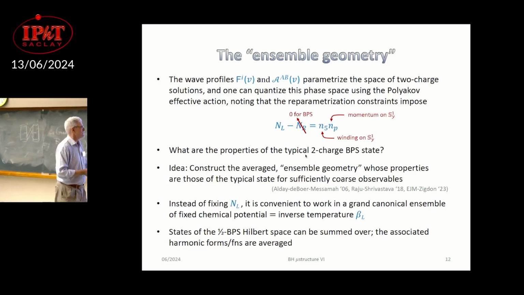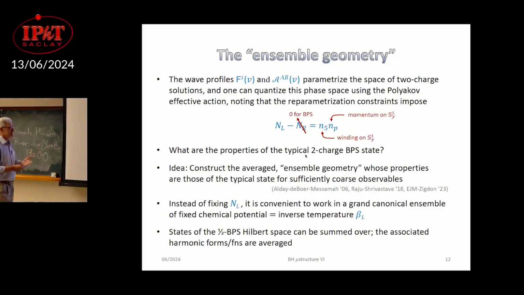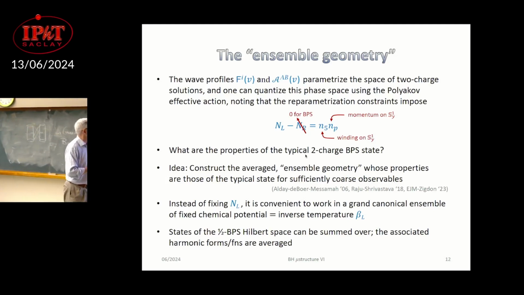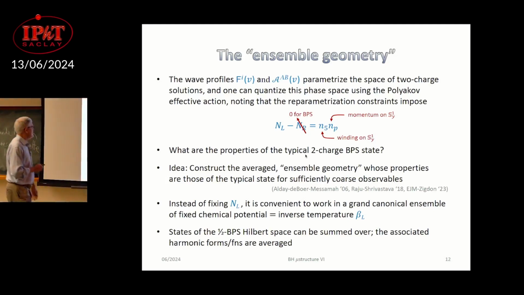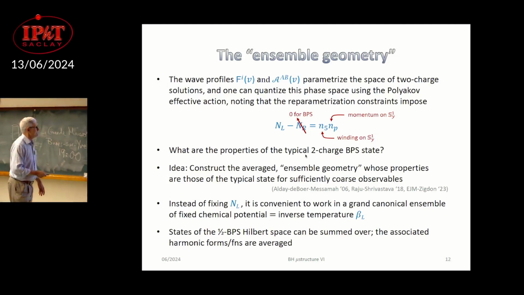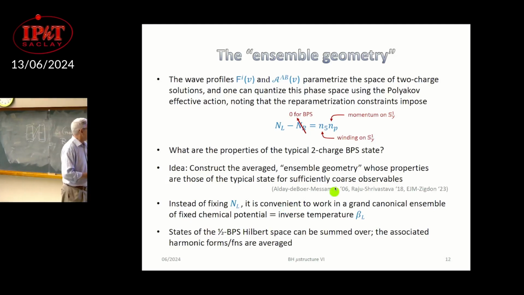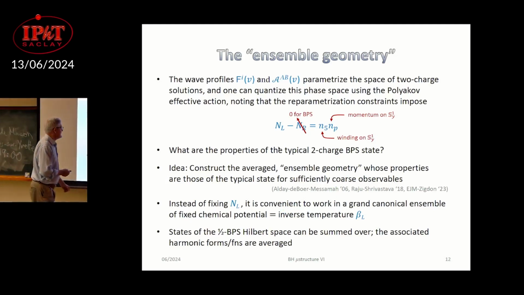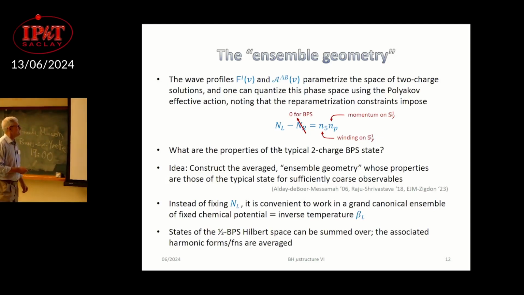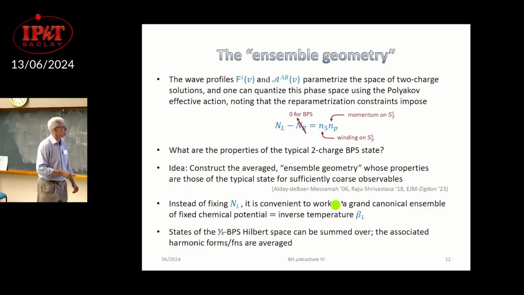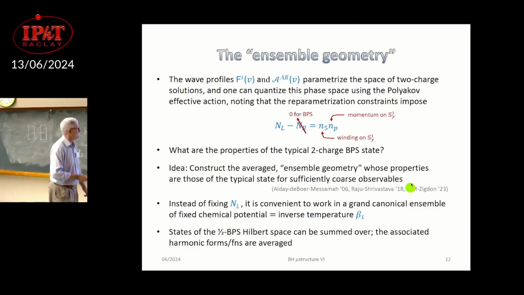And since, of course, the harmonic equation is some linear thing, we can superpose solutions, and nobody should complain. And so this was done, by the way, quite a while ago by Alday, de Boer and Massimo. Basically, we got halfway through this project and realized that it had been done before.